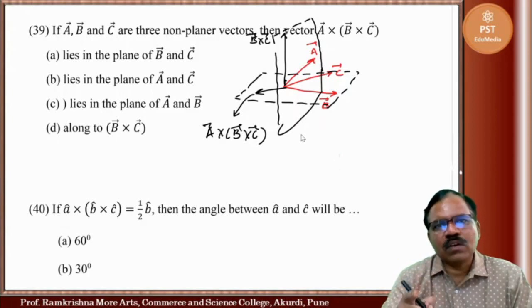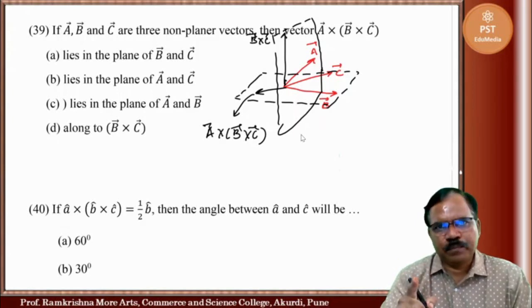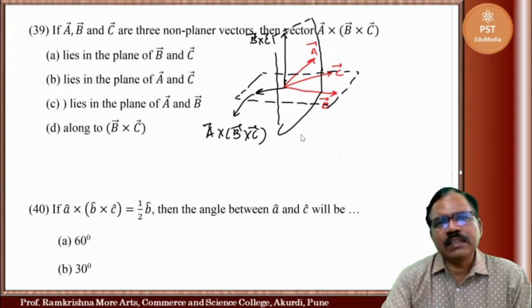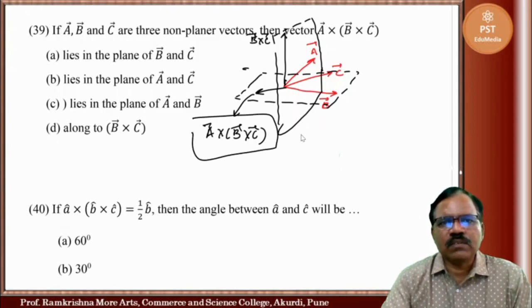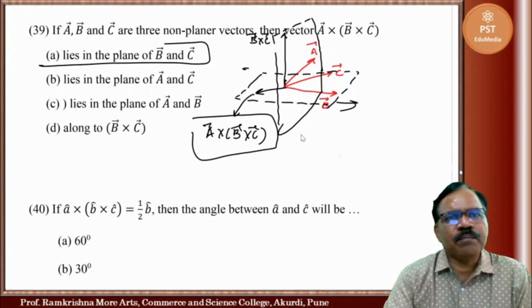So a cross b cross c will be perpendicular to the plane containing a and b cross c. What happens here? This vertical plane is perpendicular to this horizontal plane. So a cross b cross c will lie in the horizontal plane, that is the plane of b and c.